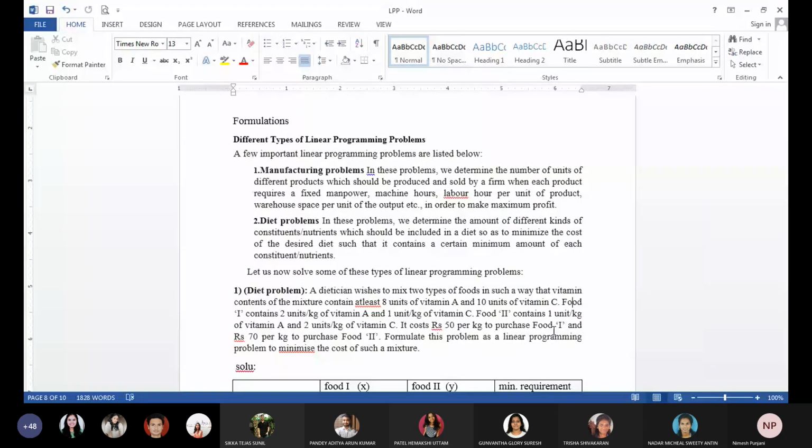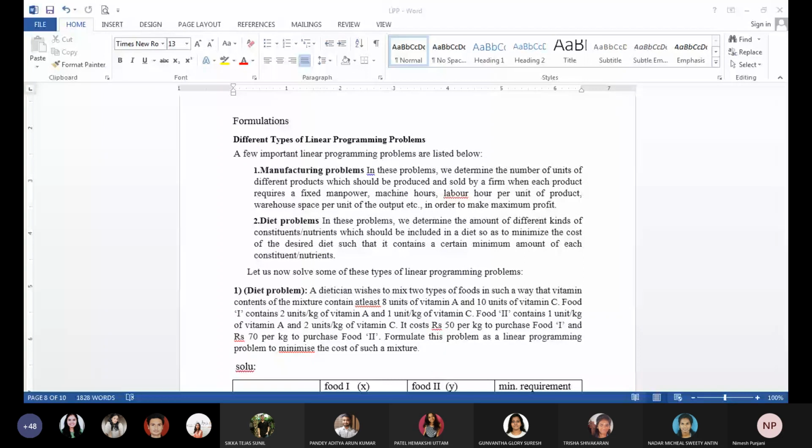Food 1 contains 2 units per kg of vitamin A, 1 unit per kg of vitamin C. So there are two types of food, food 1 and food 2. So in food 1 the vitamin quantity is given. Food 2 contains 1 unit per kg of vitamin A and 2 units per kg of vitamin C. It costs rupees 50 per kg to purchase food 1 and rupees 70 per kg to purchase food 2.